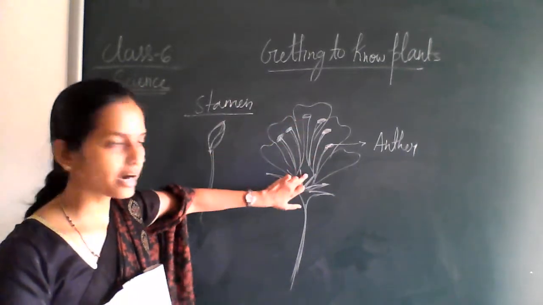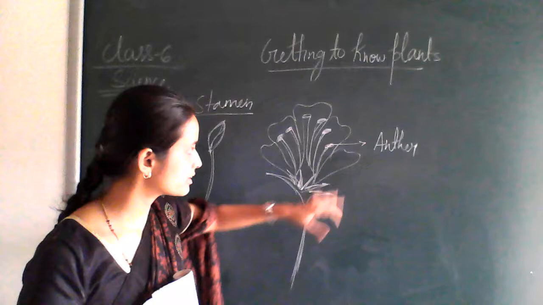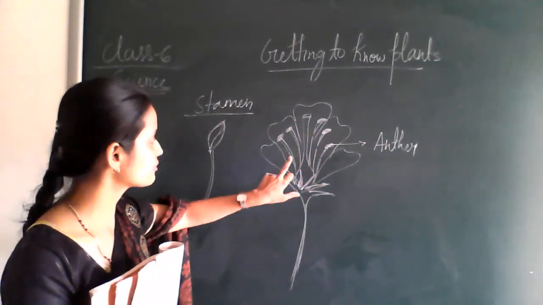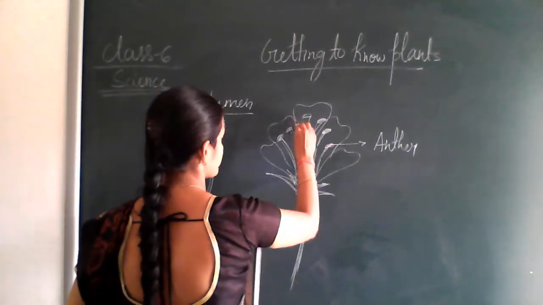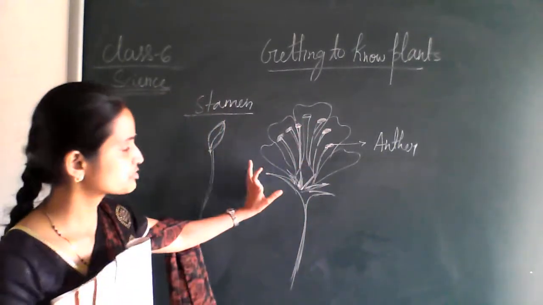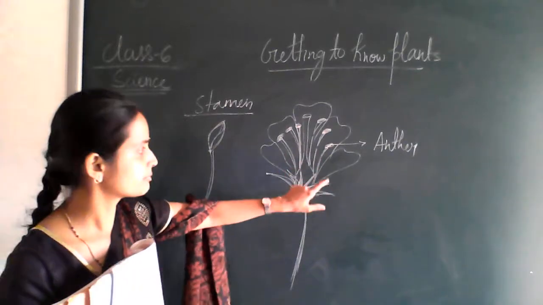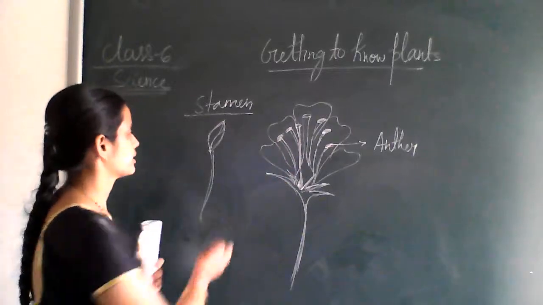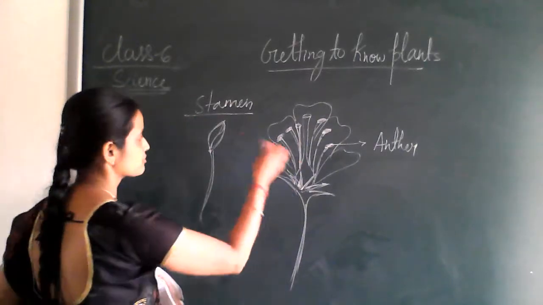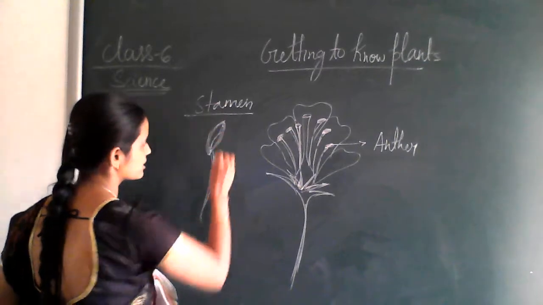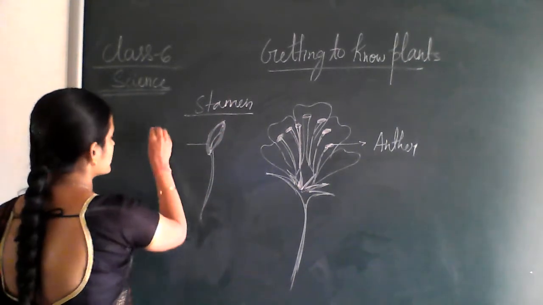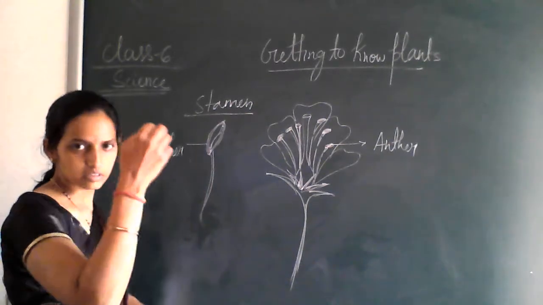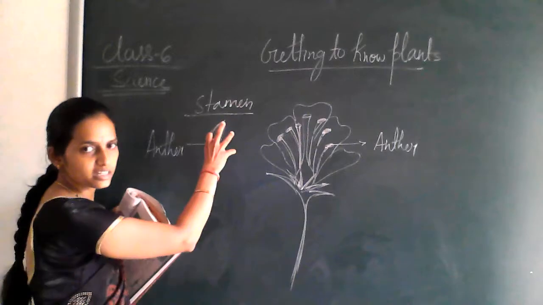This middle part is different. How many stamens do we have? 1, 2, 3, 4, 5. One more I will draw. So this flower consists of 6 stamens. 1, 2, 3, 4, 5, 6. I have removed one stamen from that flower. The stamen consists of this anther, the cap-like structure on top, or we can say a head-like structure, can you see?